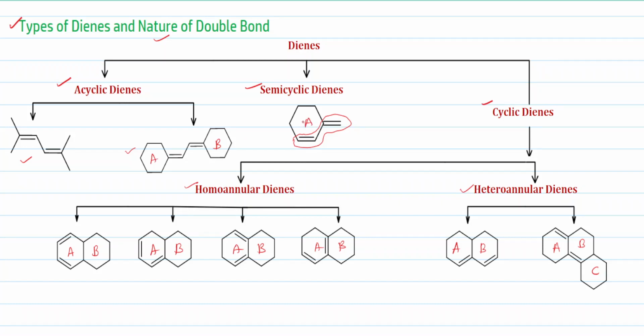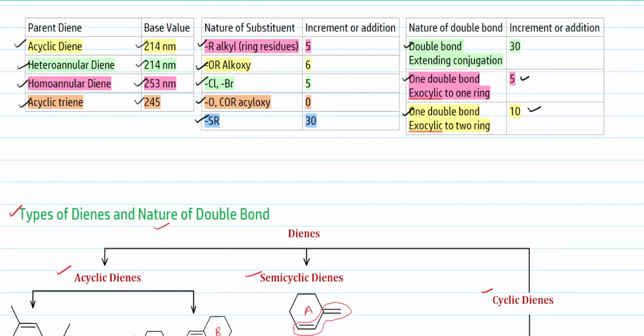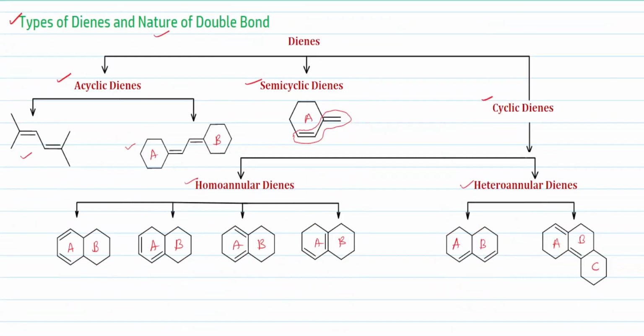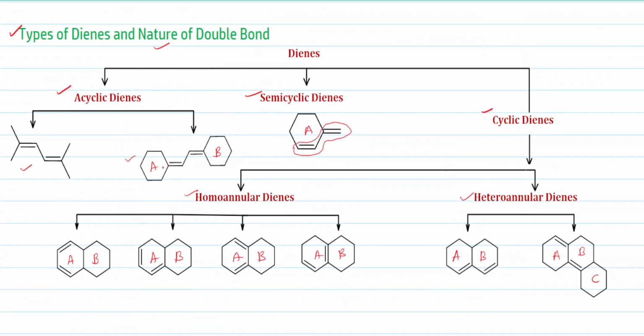At this point we will discuss the endocyclic double bond and the exocyclic double bond, because if one double bond is exocyclic to one ring, there is an addition of 5 nanometers. So let's take an example.